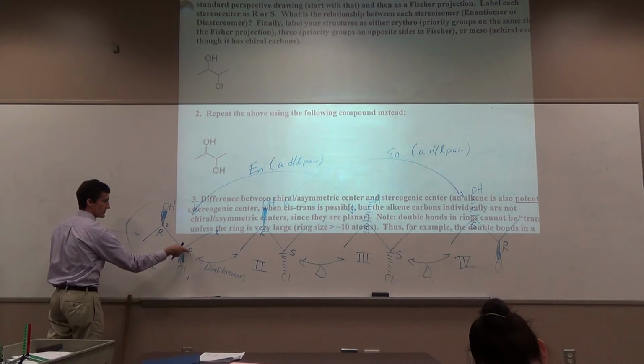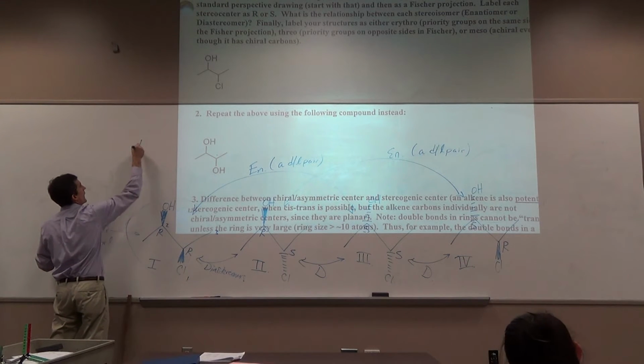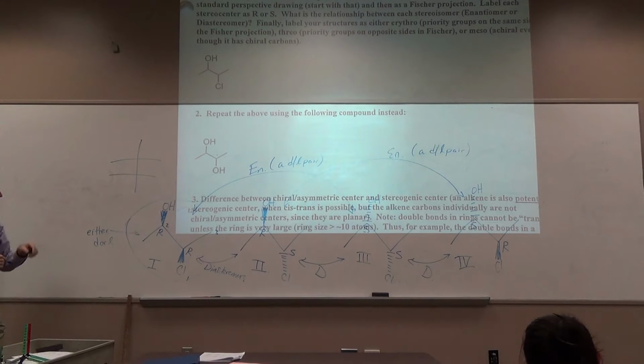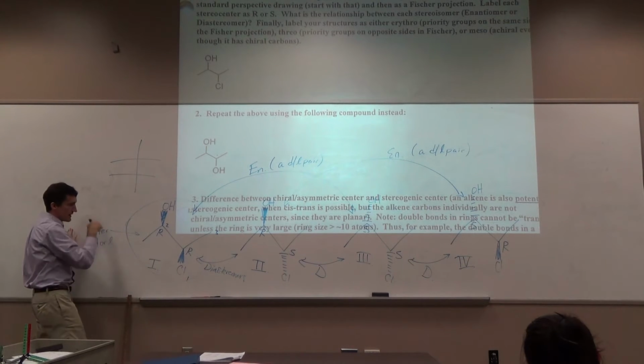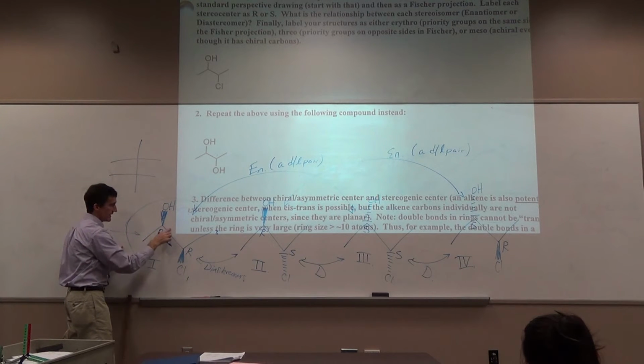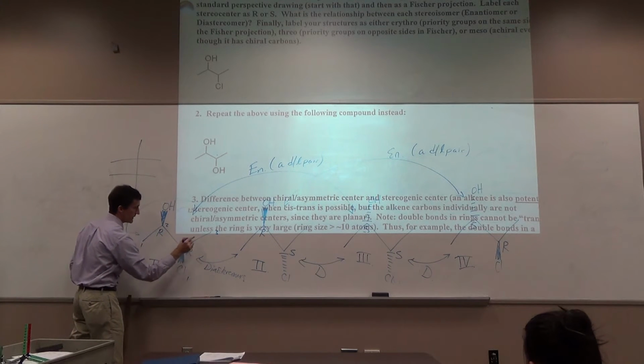We have two chiral carbons. I'm going to put two crosshairs. The carbon backbone, let's get rid of that. 1, 2, 3, 4.